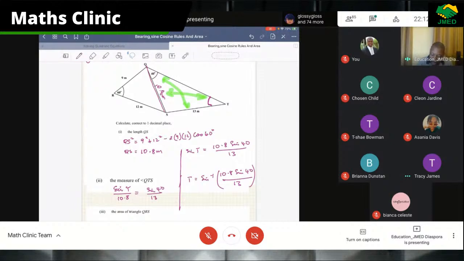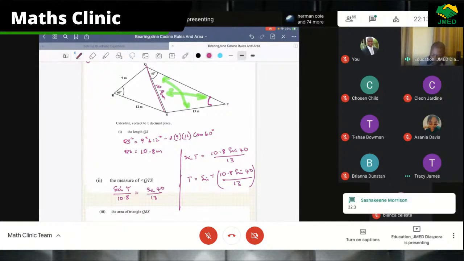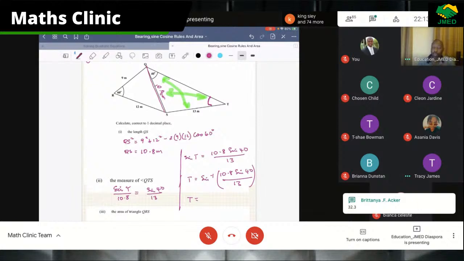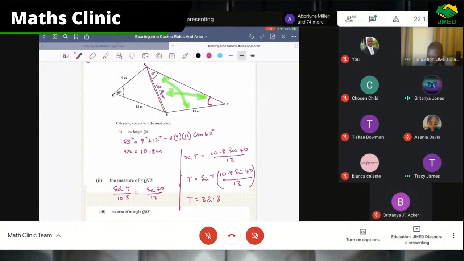So what I want you to do now, put all of this in your calculator and give me an answer. What was the value for T? Did I say 32.3 there? Is that correct? Yes, sir. It's correct. Good.